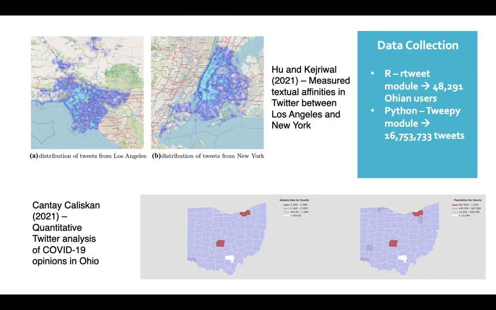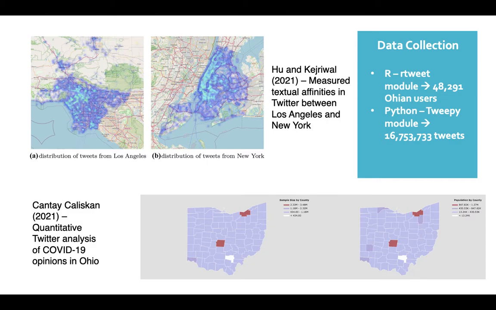Another module that they've used is called Tweepy, and they've used that in Python, and this, as you can see, has been used to collect a massive amount of tweets. So we can see that these modules are great for collecting data. In terms of the studies, they are really interesting, and I'm going to link them in the description if you want to just read a bit more about the findings, because I found them fascinating.